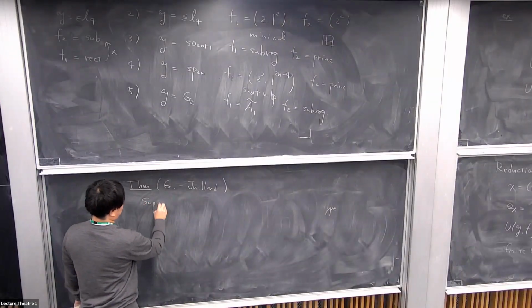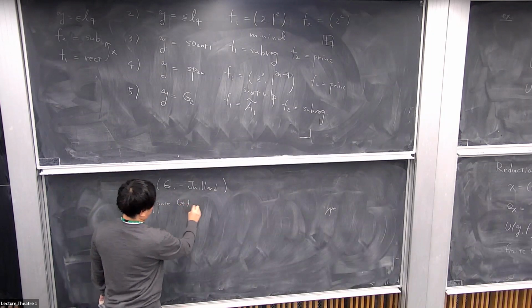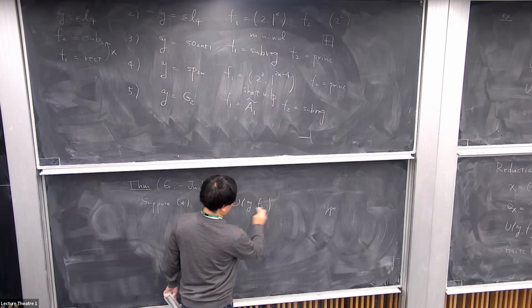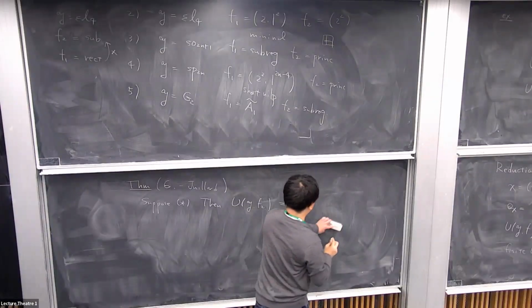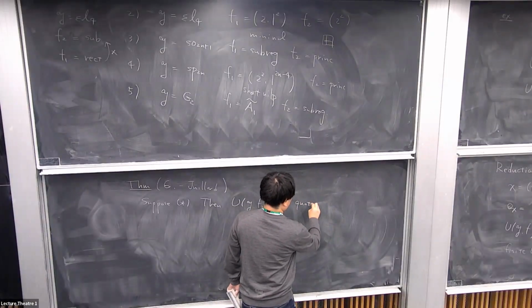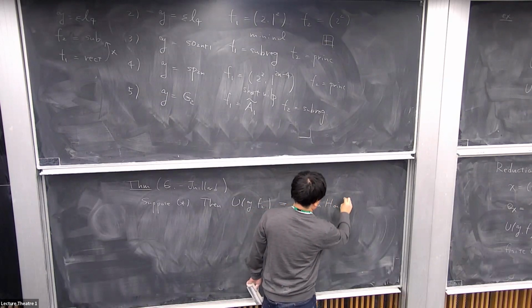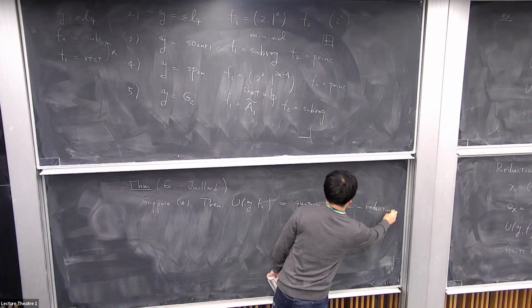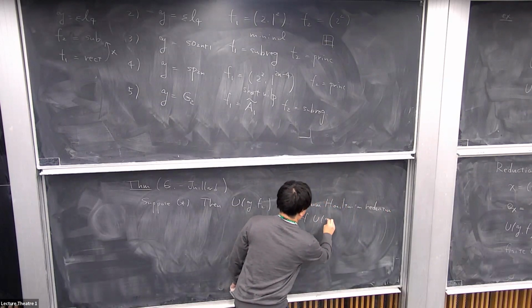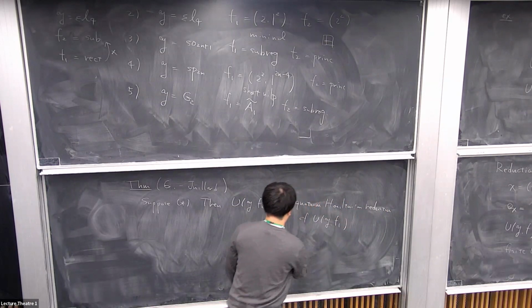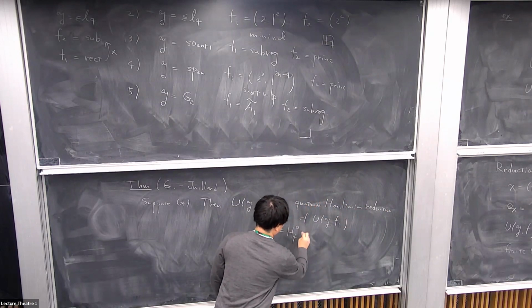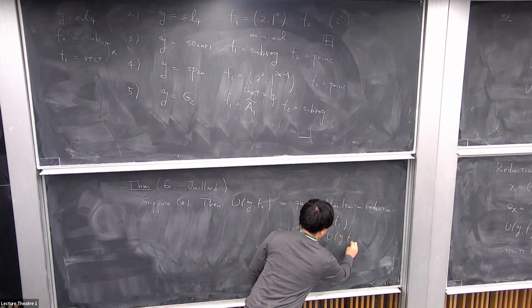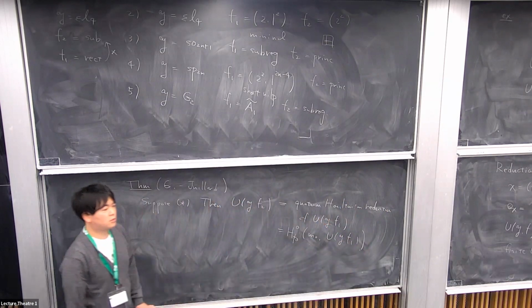Suppose the same assumption, then UGF2 is obtained by quantum Hamiltonian reduction of UGF. This means like F0 and UG, like this.